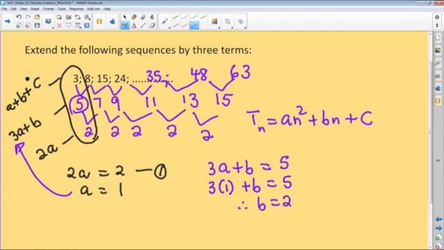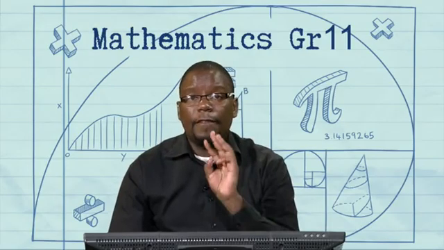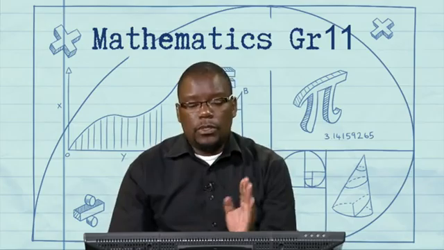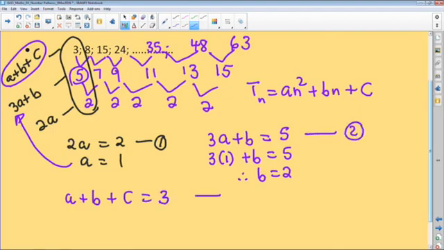All right. Now remember, guys, our main aim is to get the value of a, the value of b, and then the value of c. So at least we are moving forward. There is a, there is b, we're short of c. Now if you go back and check this one, which compares to your first term, which is a 3, so you've got your a plus b plus c equals 3.